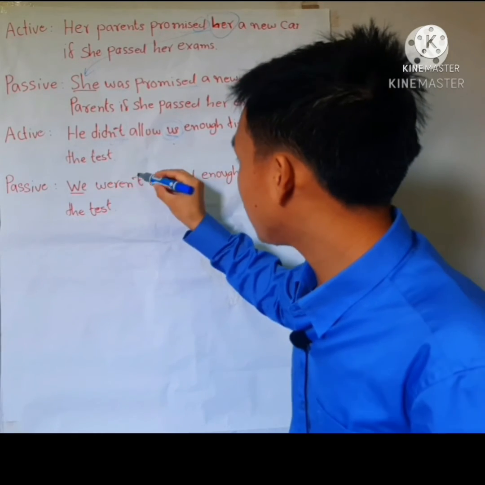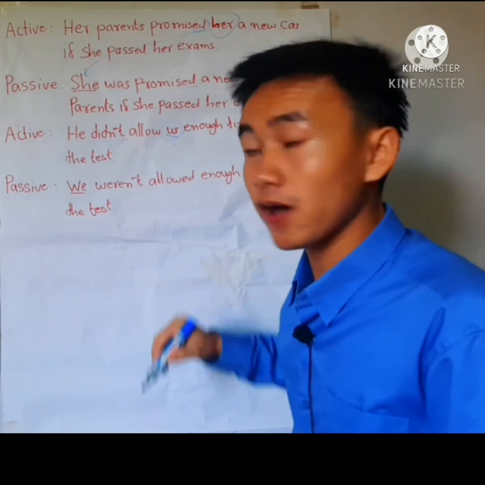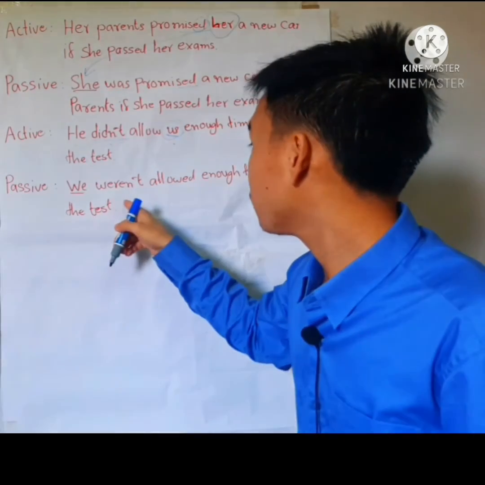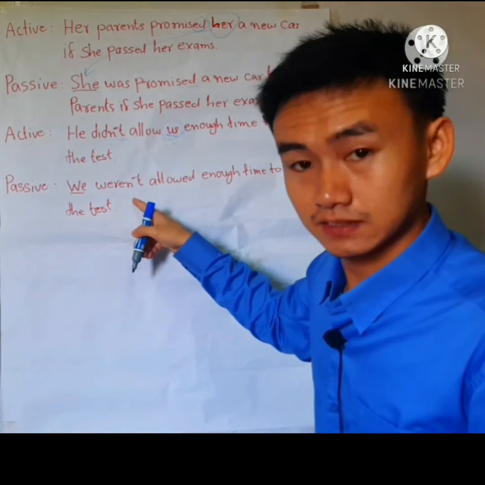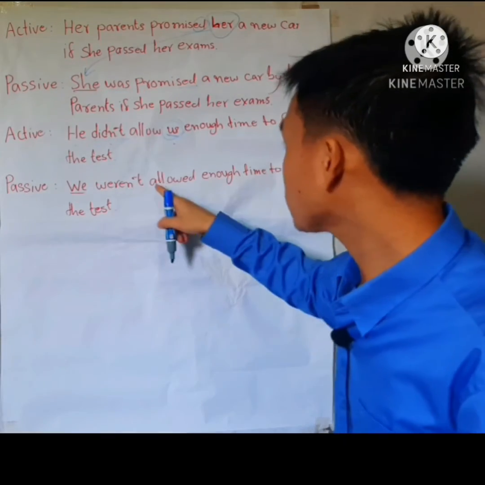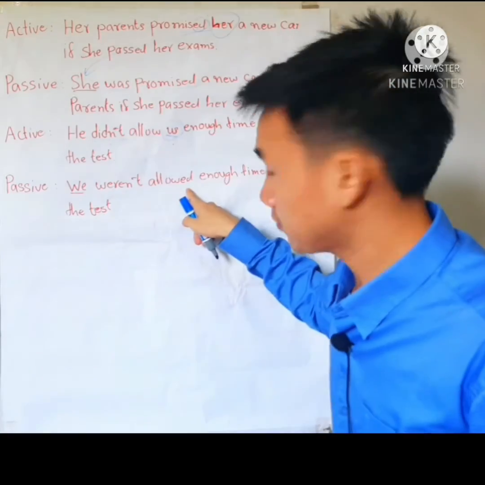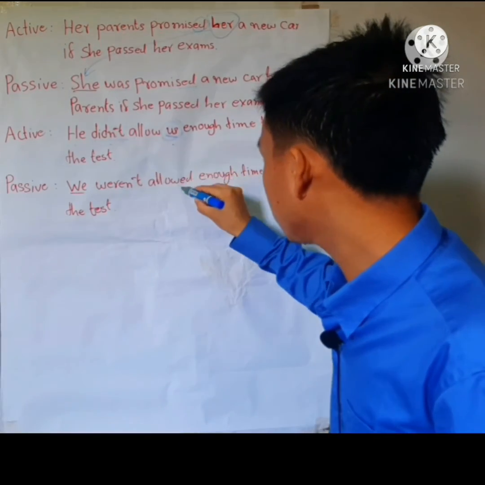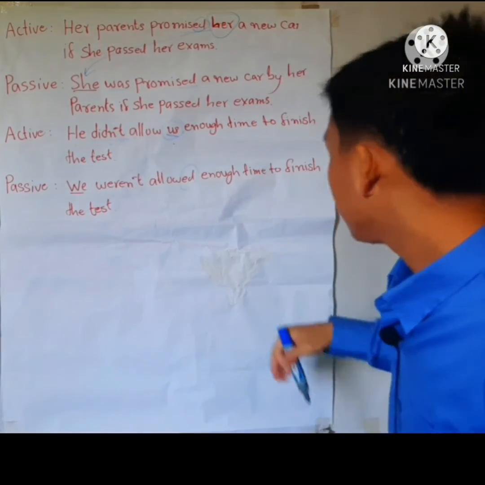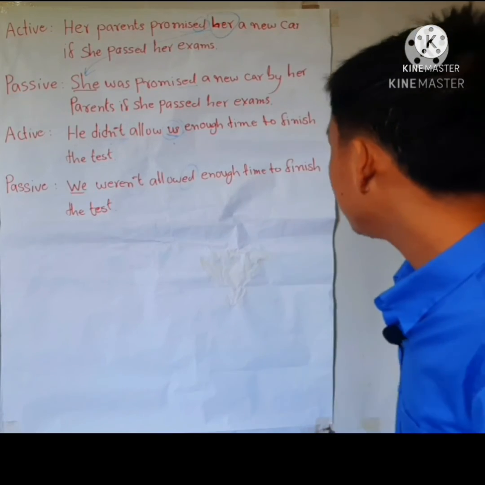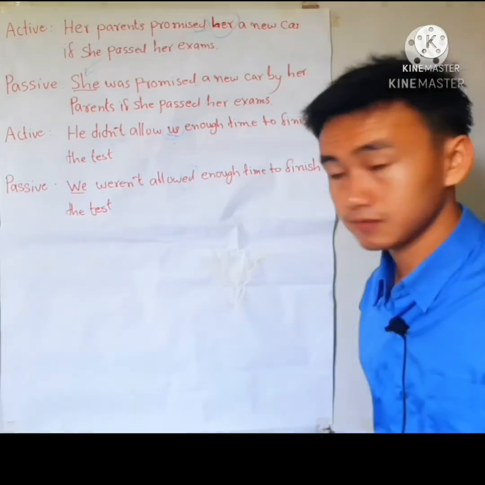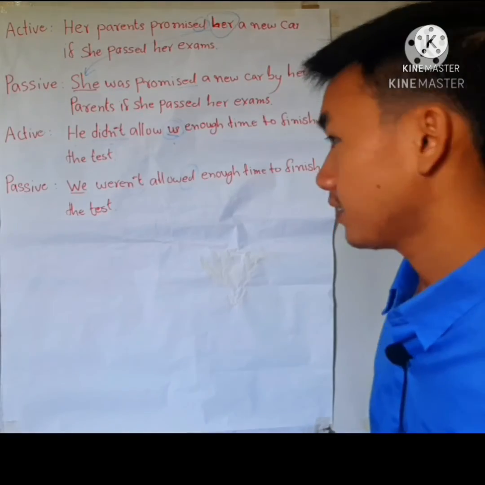But we also keep the not here. We weren't. Allowed, here, so we add -ed as the past participle. Allowed, as you can see, -ed, right? And this one is the same: enough time to finish the test. Alright.